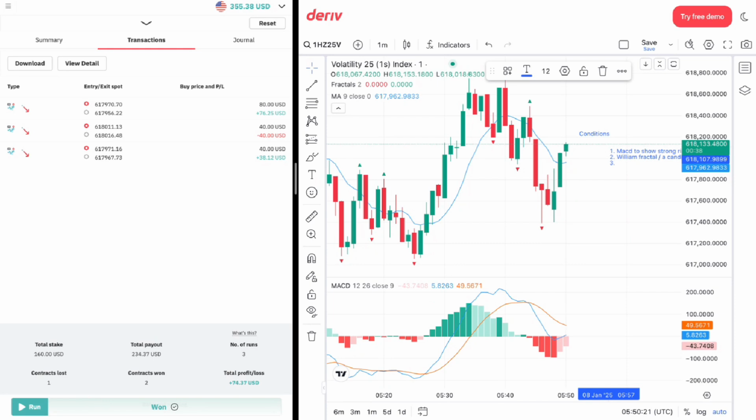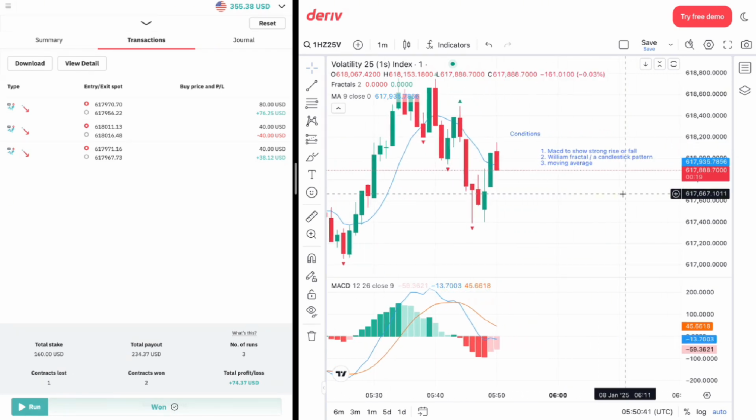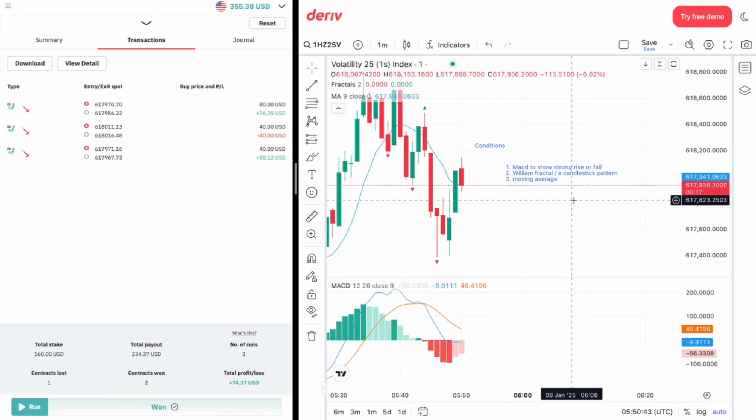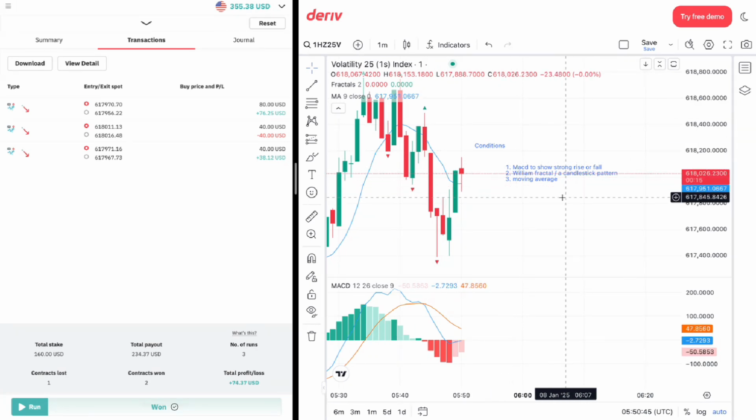Three, the moving average could look down, but anytime you see the market downtrending, the moving average will look down. So the moving average looking down or up, depending on whichever trade you want to pick. So if these three conditions are met, you can take your trade.